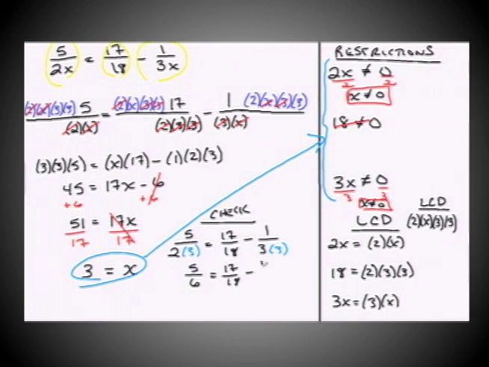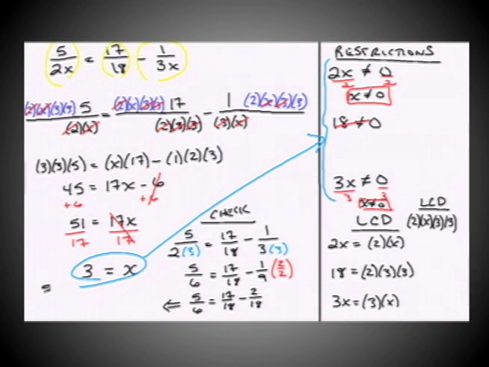So 17 over 18 minus 1 over 9. Okay, I need to get a common denominator on the right-hand side, so I multiply by a clever form of 1, 2 over 2. And I have 5/6 equals 17/18 minus 2/18. Oops, I'm running out of room. Let me come this way. Sorry about that.